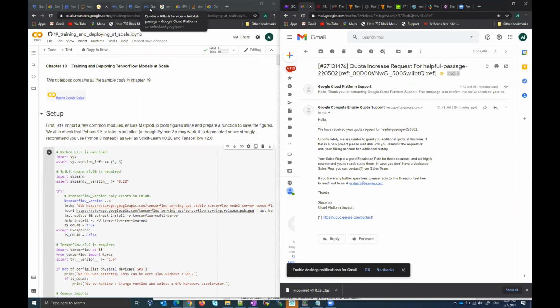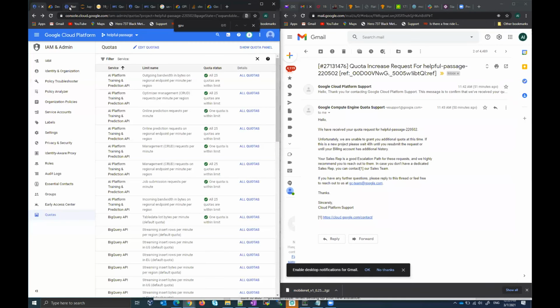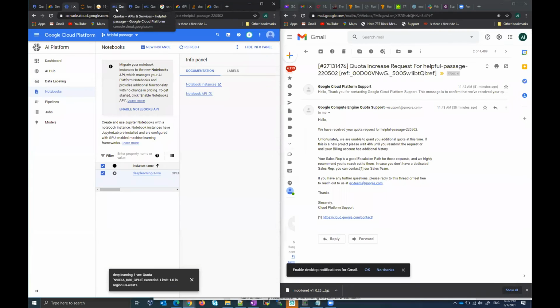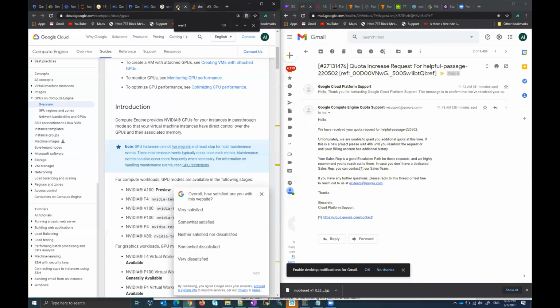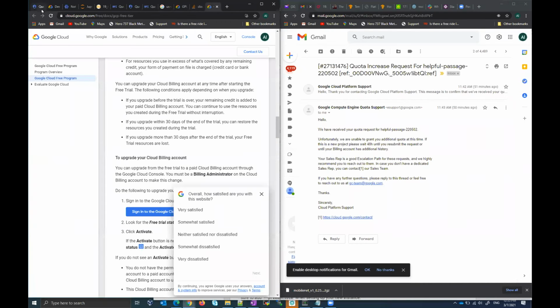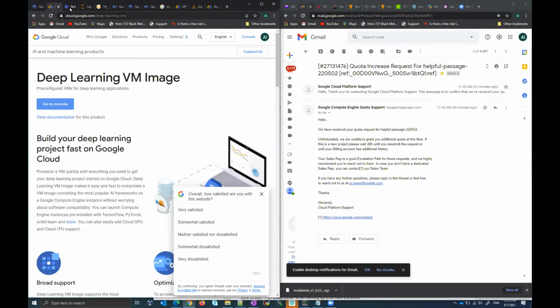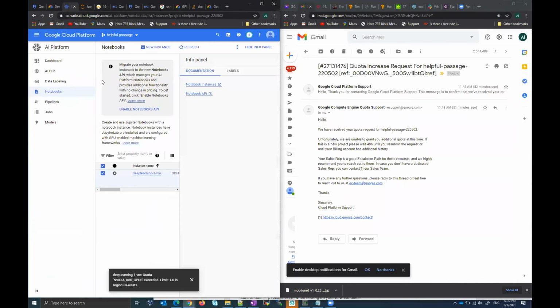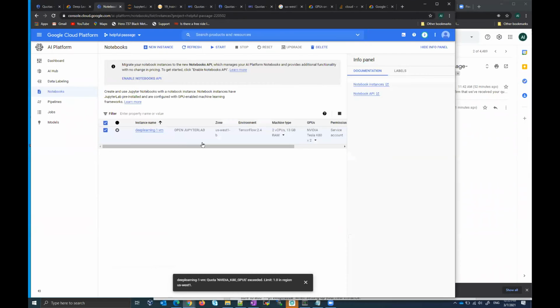So let me see on the left side. Okay, lost it. Quota. Let's see, I get it. Yeah, it's here. So I got the virtual machine, but when trying to increase the GPU quota from 1 to 2, it was not working.